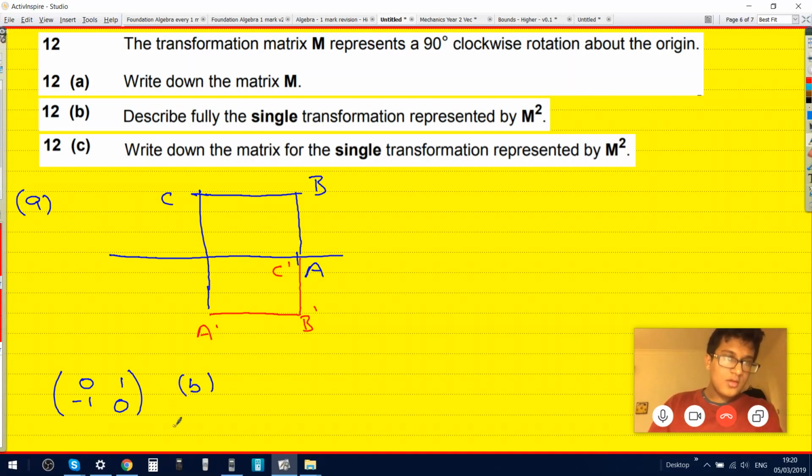Part B. Describe the transformation represented by M squared. M squared, you just multiply them together. Yep. The matrix (0, 1; -1, 0). 0 times 0 plus 1 times minus 1. 0 times 1 plus 1 times 0.